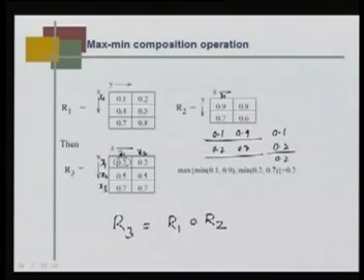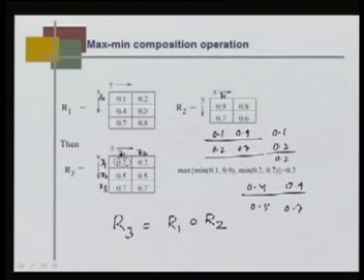The easiest way: if I want to find this one, x2 and z1, x2 means this row, which is 0.4 and 0.5, and z1 is again 0.9 and 0.7.